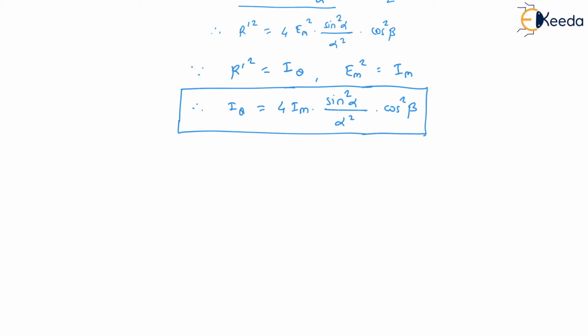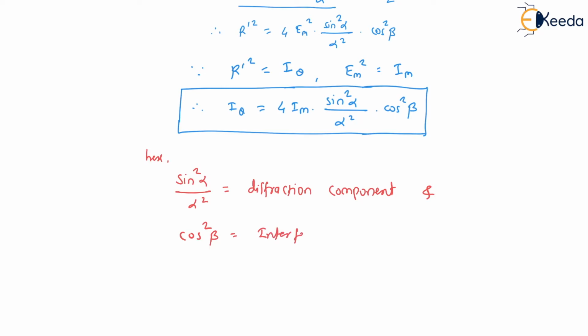So here we will write this term, sine square alpha upon alpha square, we can call it a diffraction component. Why? Because it contains alpha, which is related with diffraction, and this cos square beta, as beta corresponds to interference, we call it an interference component.